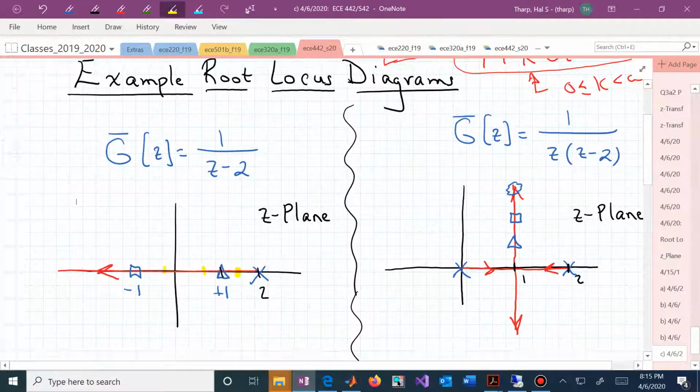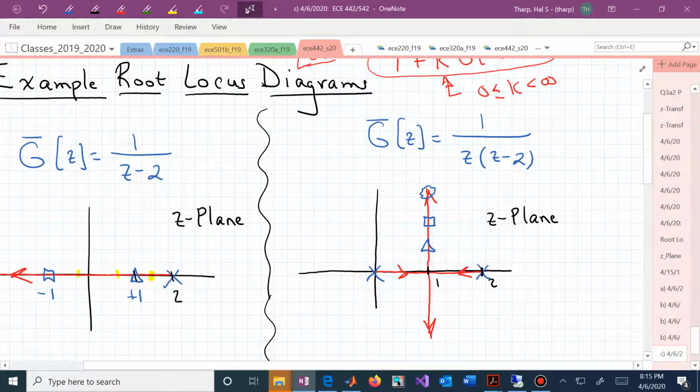That's as complicated as the root locus is for that particular system. The second system is similar, except now we've introduced one more pole, an extra pole at z equal to 0. If every point on the root locus needs to have an angle of minus 180 degrees, we can start looking at some of these points.